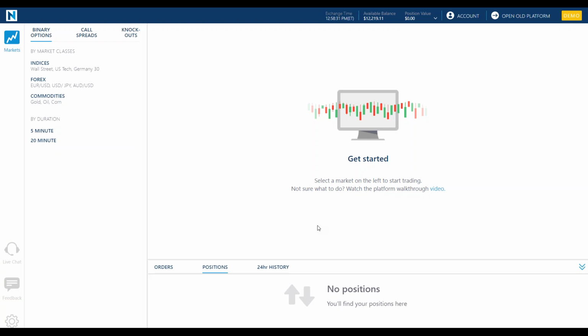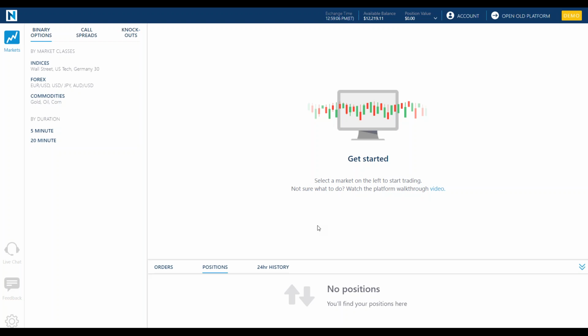Now, I will tell you that in the demo environment, we are streaming live data into demo. However, your trading experience in the demo environment will absolutely not be the same as it would be in a live environment. In a live environment, things are different because it's real money and there are a lot of people in that marketplace all interacting with each other.